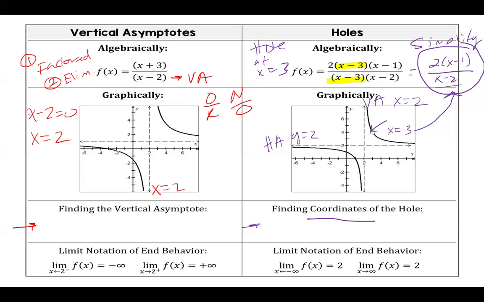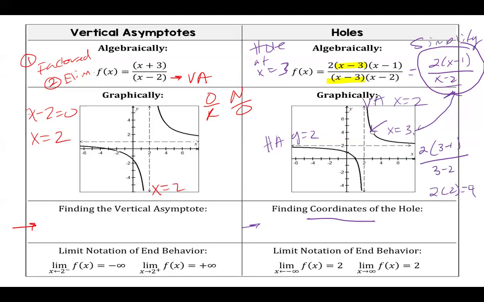Okay, so I'm going to plug in 3, and we get 2 times 3 minus 1 over 3 minus 2. What is 3 minus 1? 2. What is 3 minus 2? 1. So the hole is actually at 3 comma 4. Does that make sense?